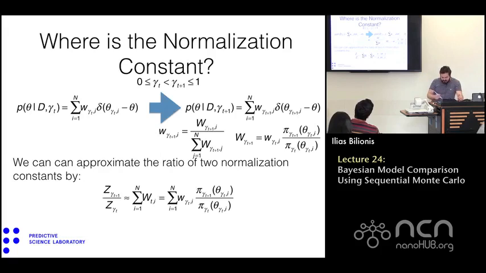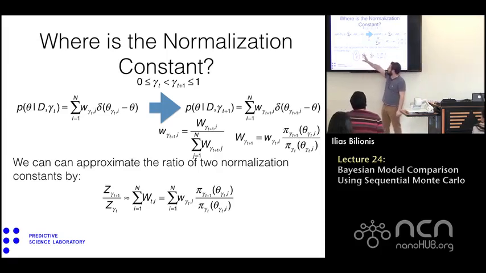Anyway, the thing that I want to mention, and the reason why we're doing all that, is that these weights can give us an estimate of the ratio of the normalization constants between two consecutive steps. You can show, and again, I'm not going to explain why or how it happens, that the ratio between the normalization constants is the sum of the unnormalized weights of each step.